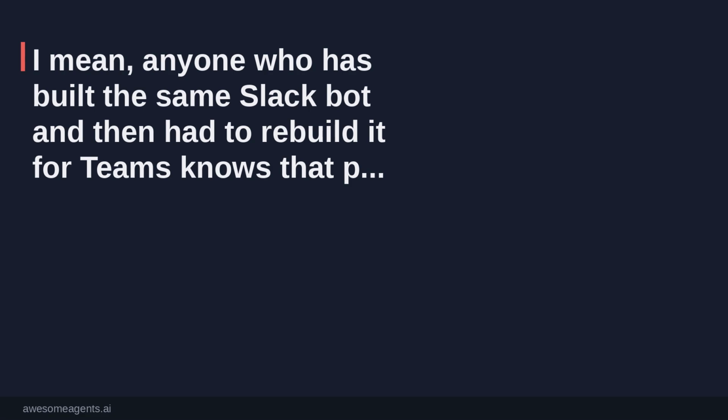That is exactly what it is. The AI SDK handles model connectivity, the chat SDK handles platform delivery. Together, they let you build an AI assistant that lives in Slack and Teams and Discord simultaneously. I mean, anyone who has built the same Slack bot and then had to rebuild it for Teams knows that pain. Yeah, this does solve a real problem.